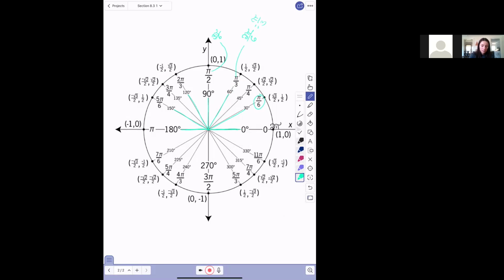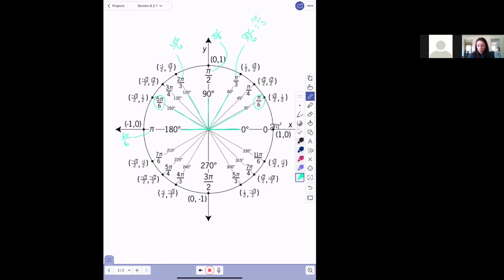Then we have the next 1/6 of pi. The next angle is here, it says 2/3 pi, but I'm going to write it as 4/6 of pi. And then here we have 5/6 of pi, and then pi, I can rewrite as 6 pi over 6.